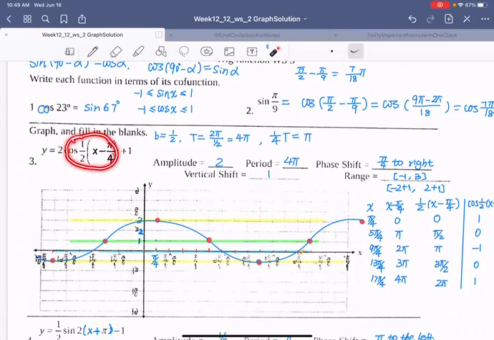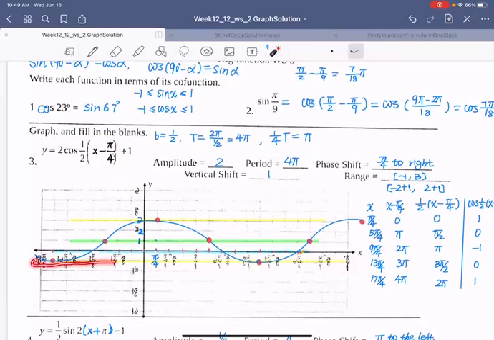So if this goes to -1, that is -1 times 2, which is -2, plus 1 goes to -1. When this guy goes to +1, 2 times 1 plus 1, this goes to +3. So we found out the range.